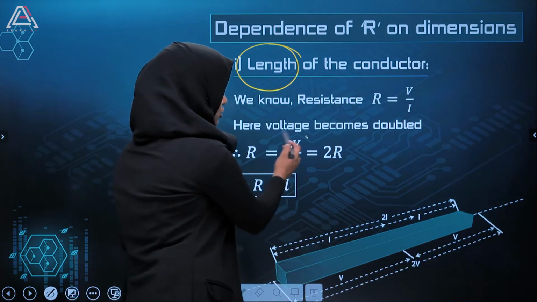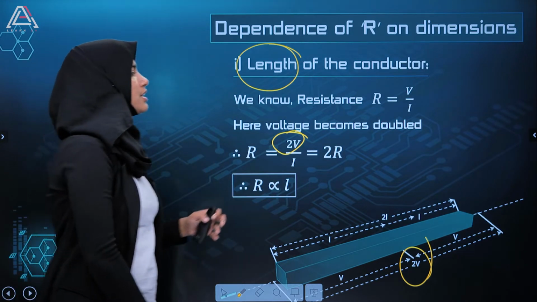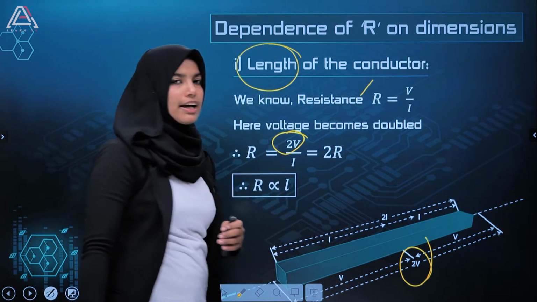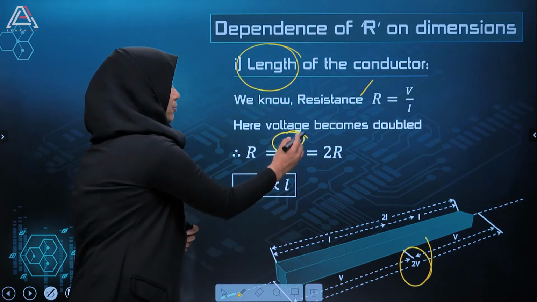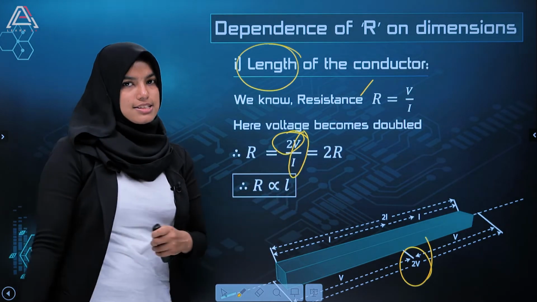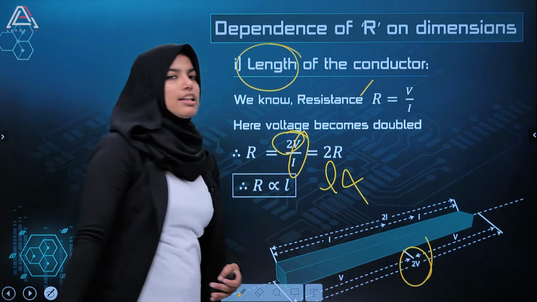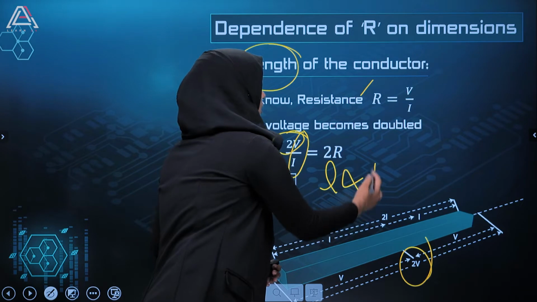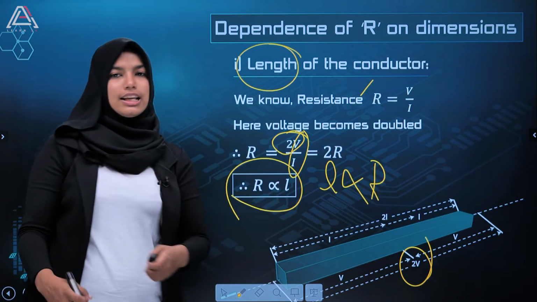So we get 2 voltage here. Our equation is R is equal to V by I. So instead of V, we can write it as 2V by I. That means 2 into resistance. So when we increase the length, the resistance is also increased. So resistance is directly proportional to the length.